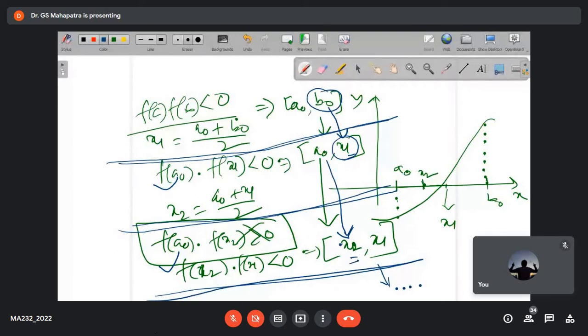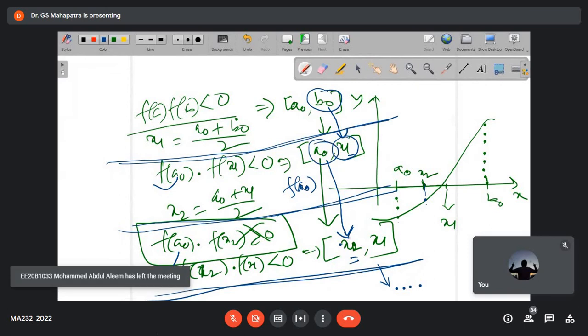Just check, f of B0 is positive, f of x1 is also positive. But in this case, f of A0 is negative and f of x2 is also negative. Correct? So we are replacing the negative one by the negative one. Any doubt here?